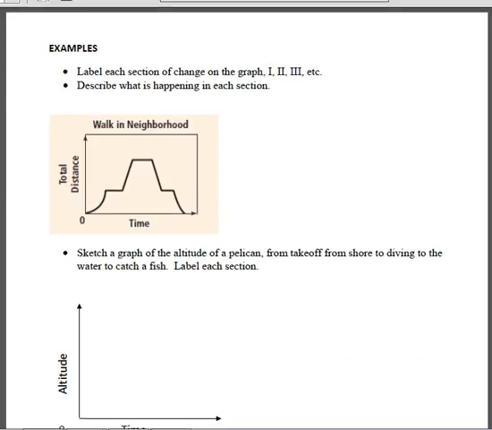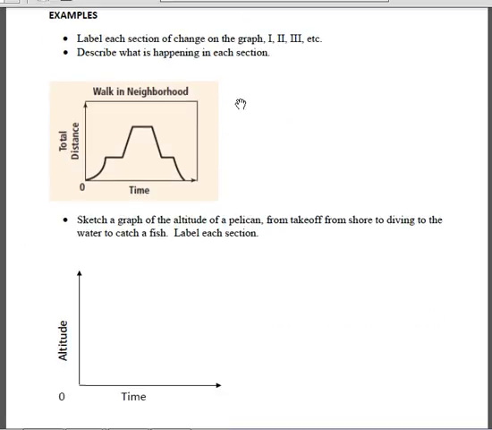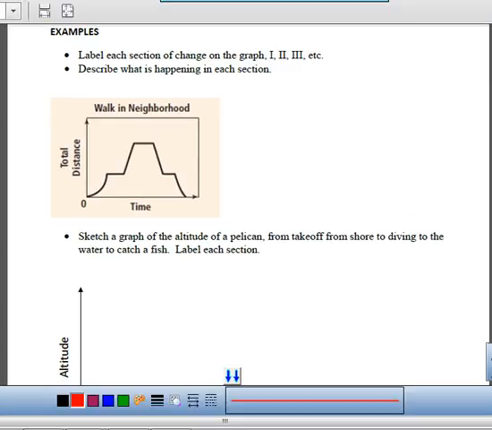Alright, so over on the next page, page 2, we have an example. So we're going to label each section of change on the graph. These are Roman numerals. And describe what is happening in each section. Alright, so I'm going to go through first and label all the different sections. Then over on the right side in the space, I am going to come up with what they stand for.